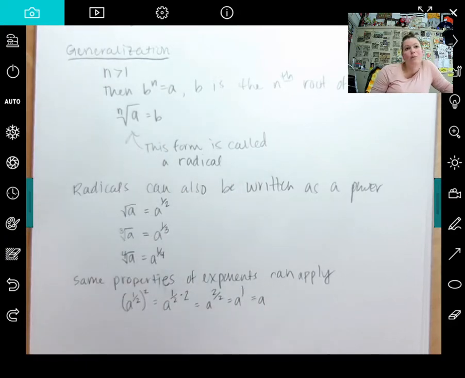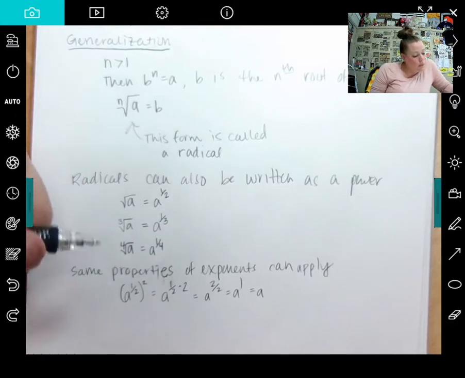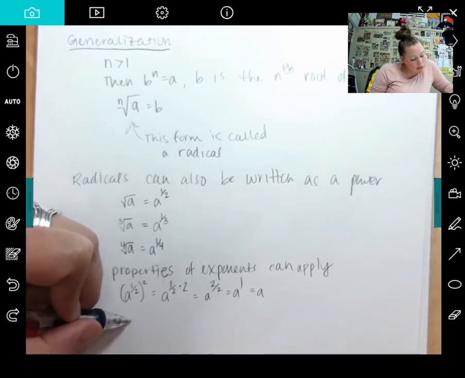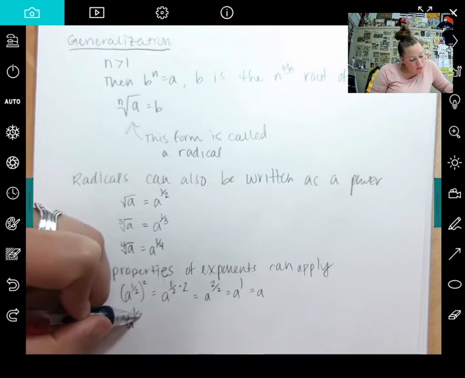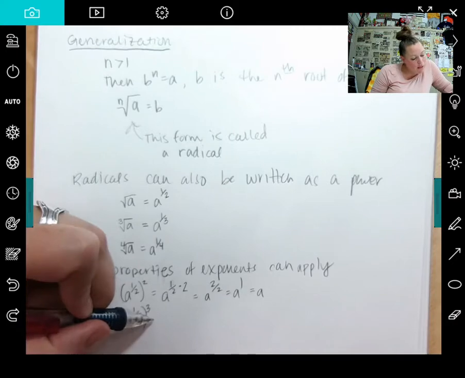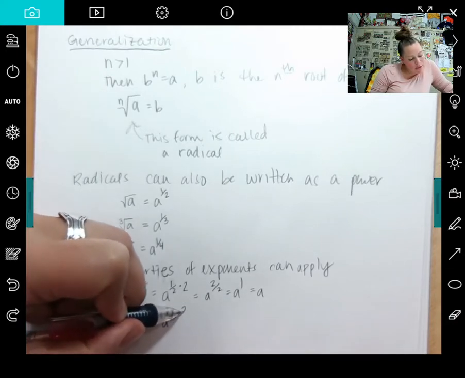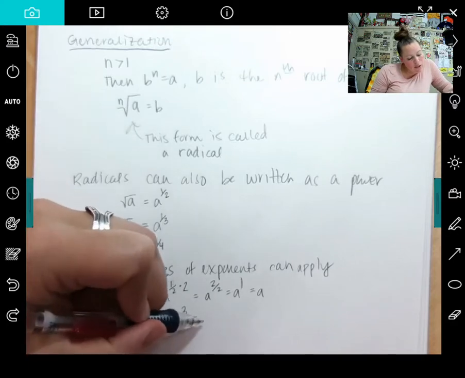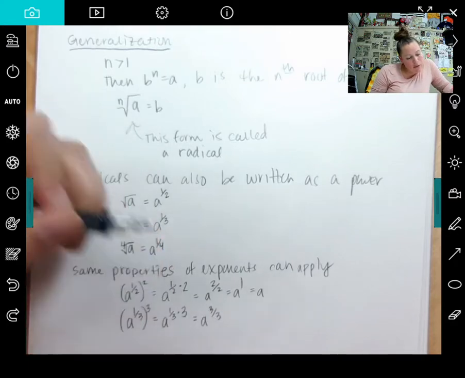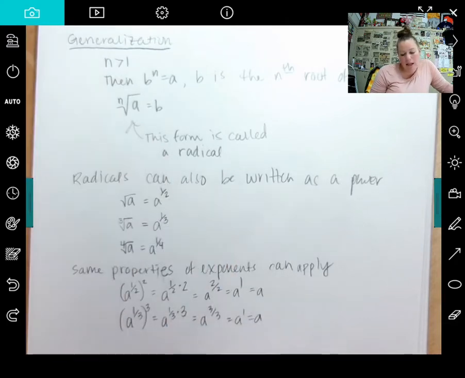So that would be pretty basic, right? We could also say we have a to the 1/3, and we take that to the 3rd power. So then we would have a to the 1/3 times 3, which equals a to the 3 over 3, which equals a to the 1, and that's just a.